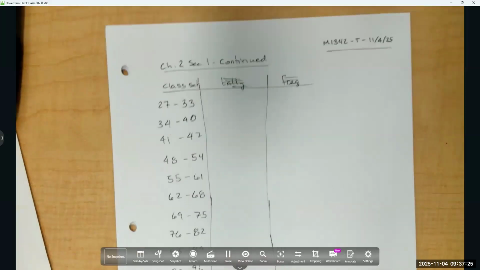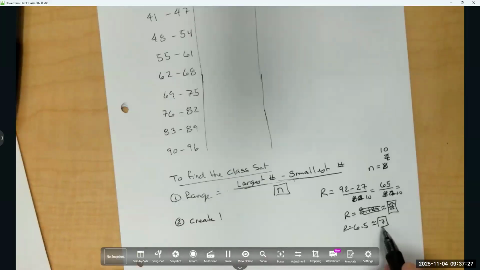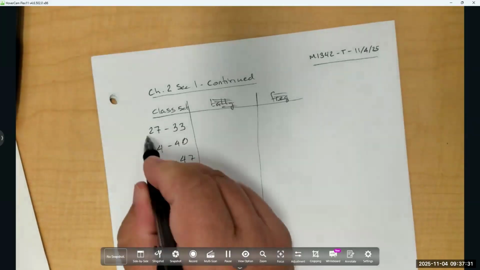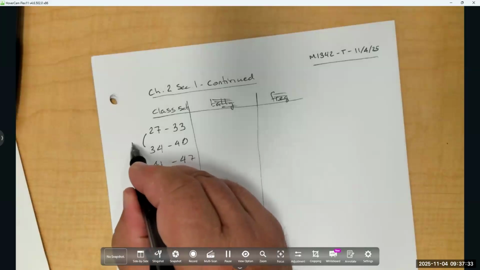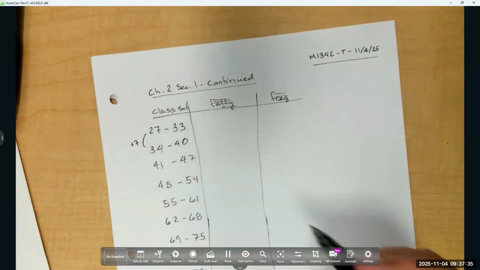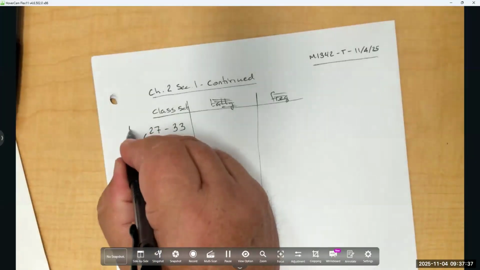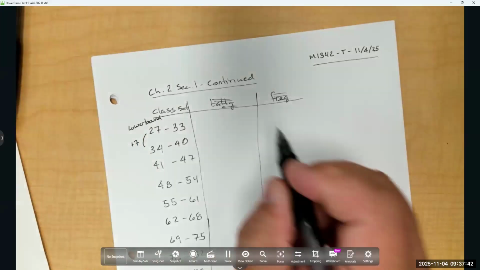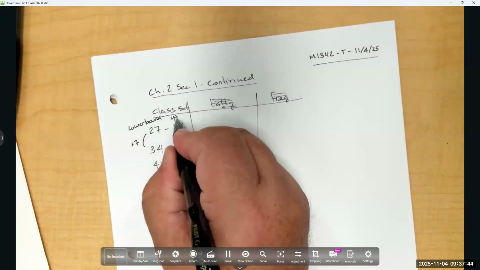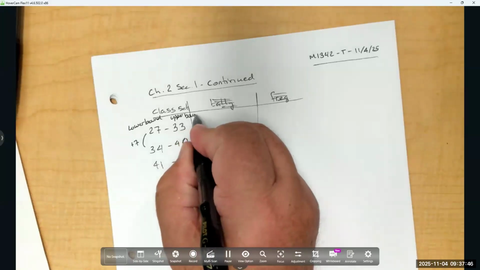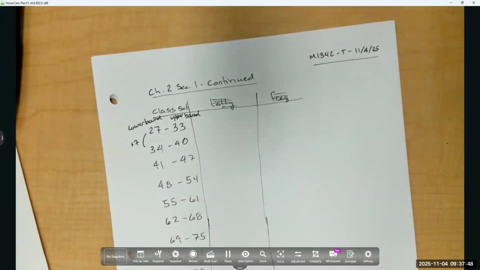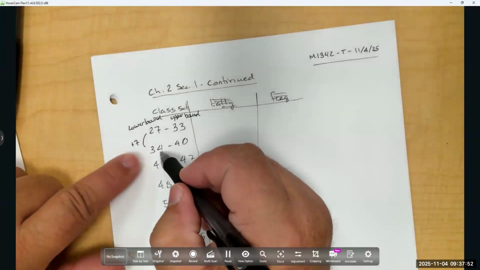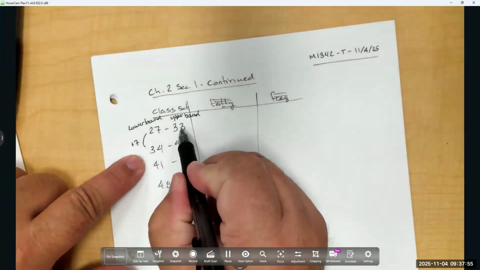The way we do it is this way. Since our range is 7, we start with the lowest number and add 7 to it. This is called the lower bound. And this is called the upper bound. Because once we have 27 plus 7 is 34, that means we know where the previous set ends.